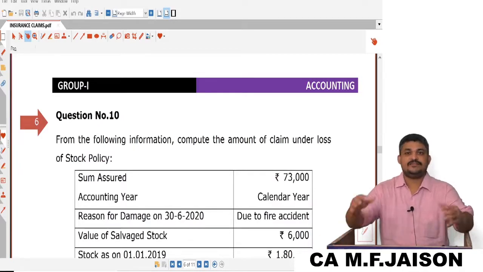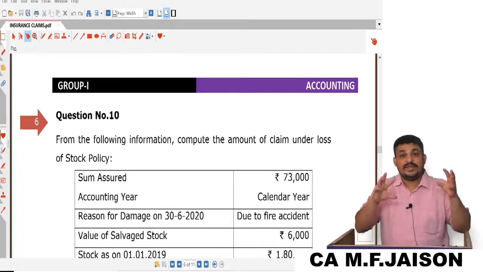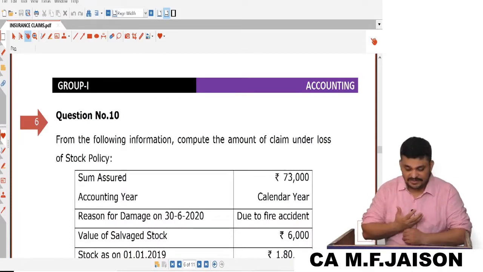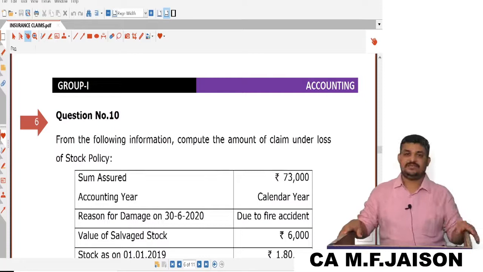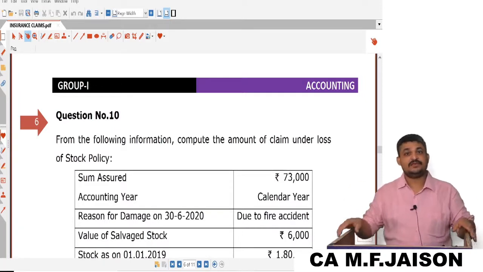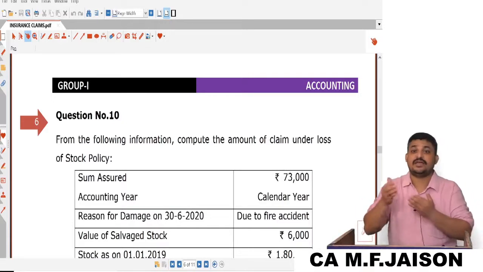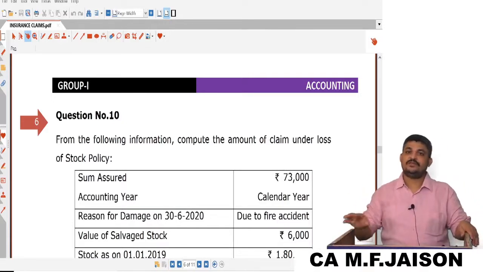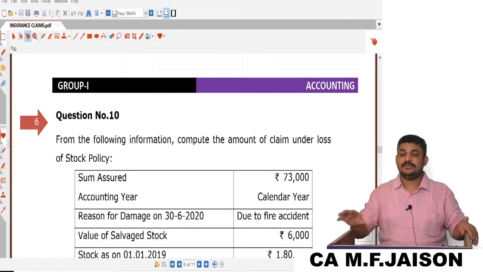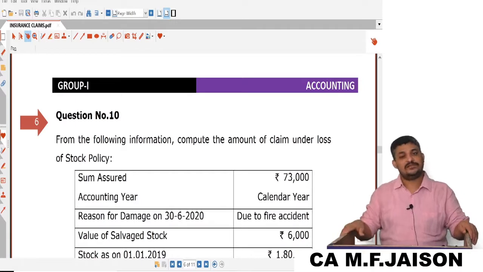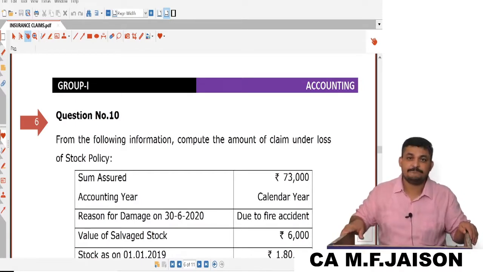In this GPR we have so many inputs, so many points to be noted. You should search for GPR in the question. If GPR is given, take that GPR. Only thing is, if GPR was expressed on cost, you should convert it in terms of sales. If GPR was simply given on sales, take that GPR as it is. Suppose nothing is mentioned, GPR 20%, is it on cost or on sales? It is on sales.